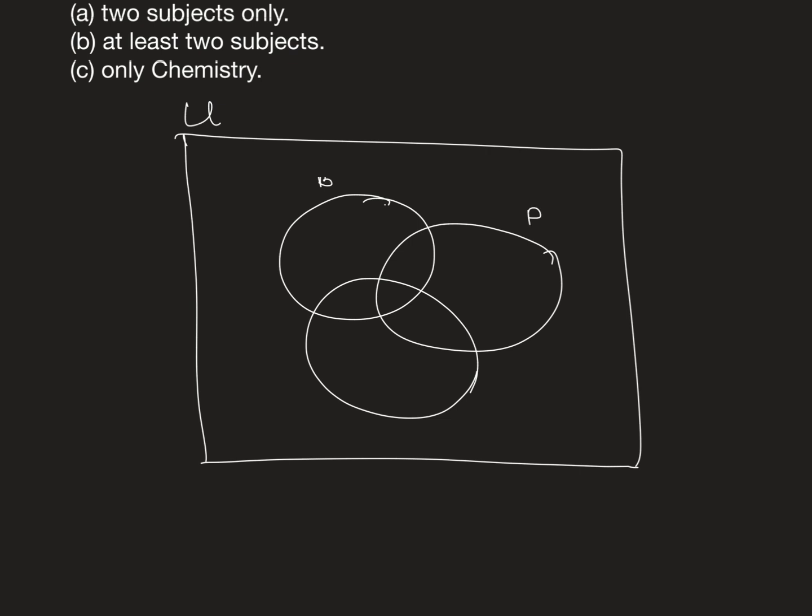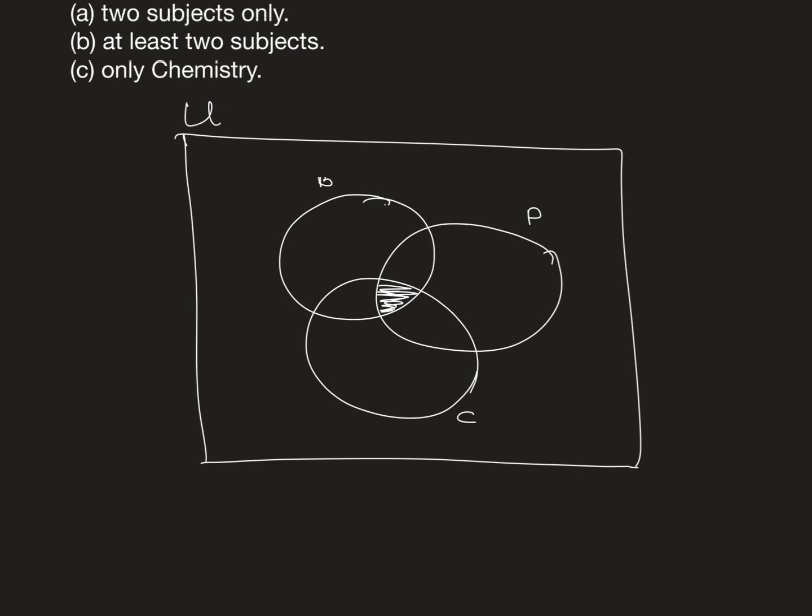You can see that the point of intersection is here, and that will be for individuals who study all the three subjects. But remember that there are students who will be studying only chemistry, only biology, and only physics.